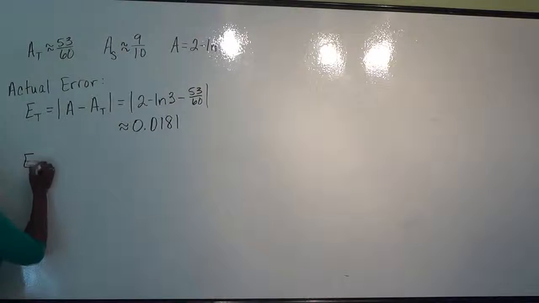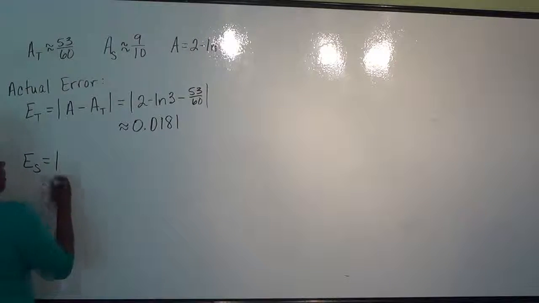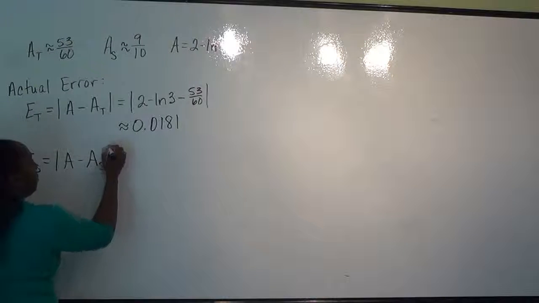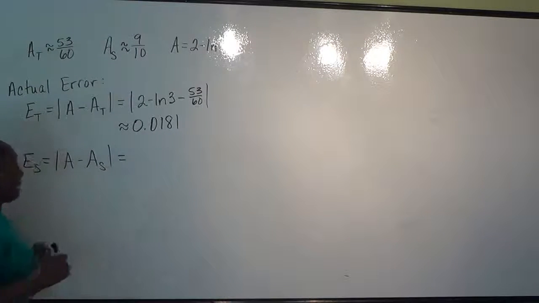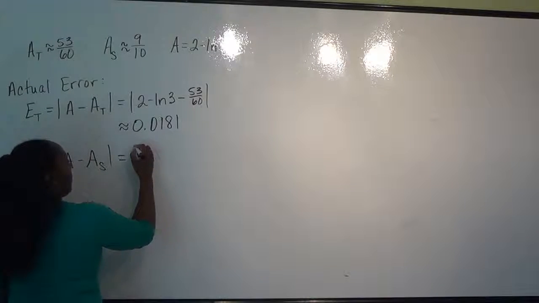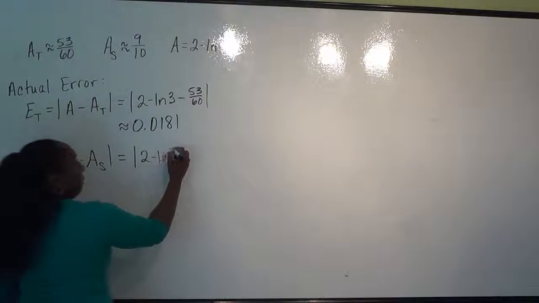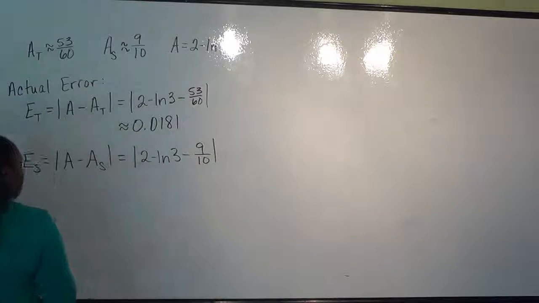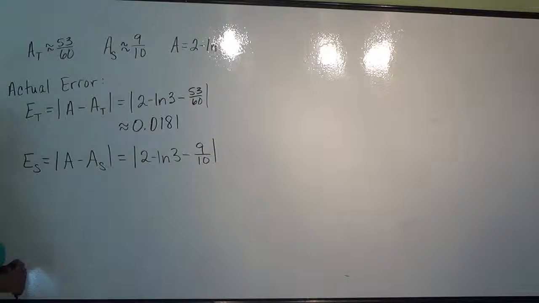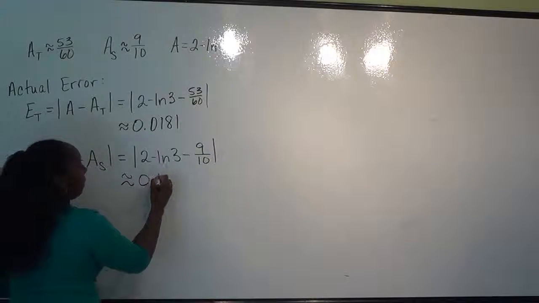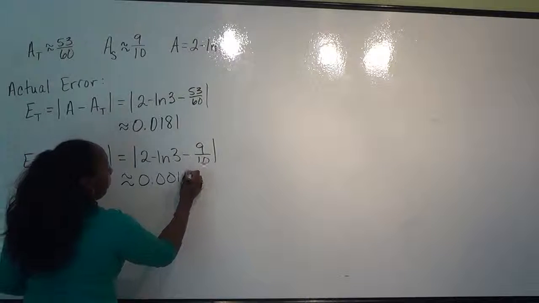Okay, if we look at the Simpson's rule, same thing. We're going to take the actual value minus the value we got using the Simpson's rule and take their absolute value difference. Okay, so in this case, again, we'll get a 2 minus the natural log of 3. We're going to subtract off that 9/10. Okay, again, plugging it into your calculator, we see that we get 0.0014.